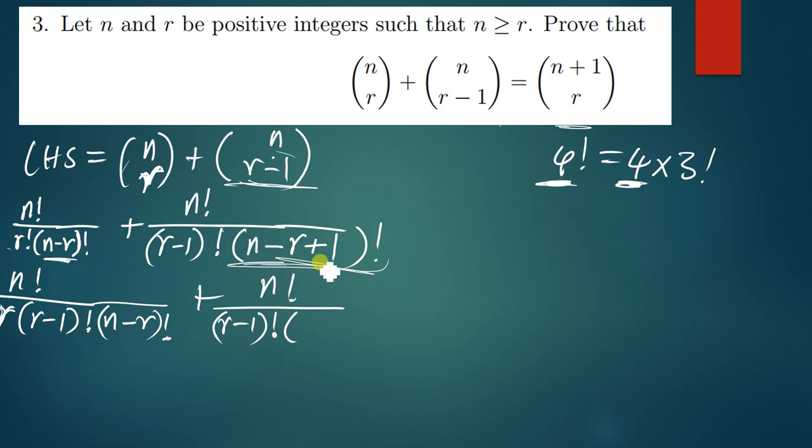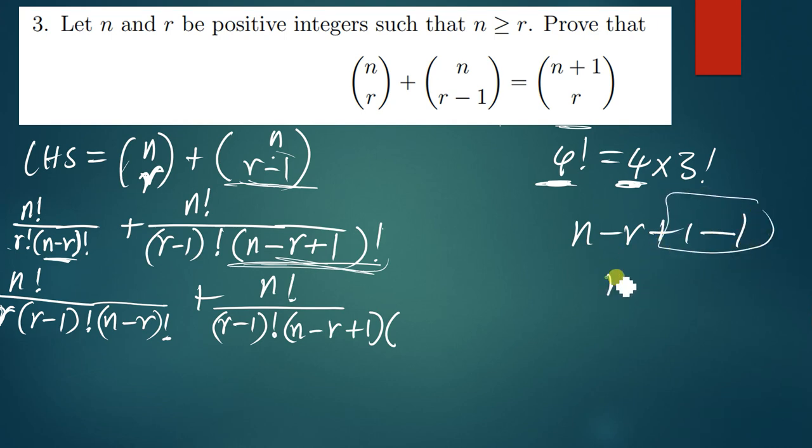So if we have this factorial, we start with this same one. And then next, we're going to subtract 1 from the whole expression. So if we subtract 1 from n minus r plus 1, we're going to get this part as 0, meaning we're just going to remain with n minus r. So we get n minus r there, and then we put a factorial there.